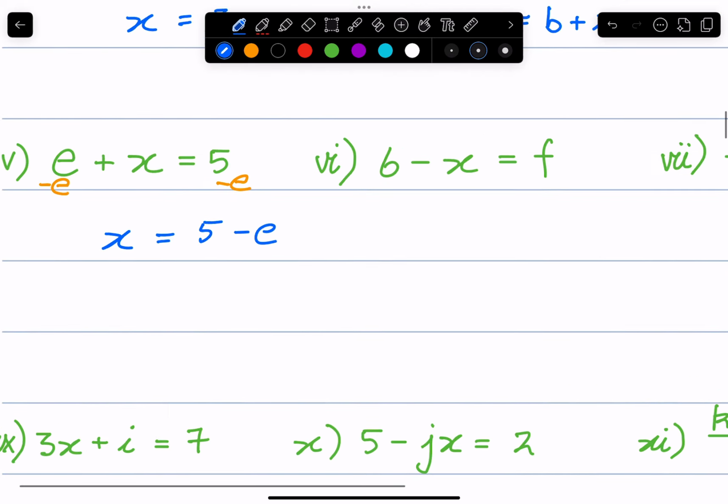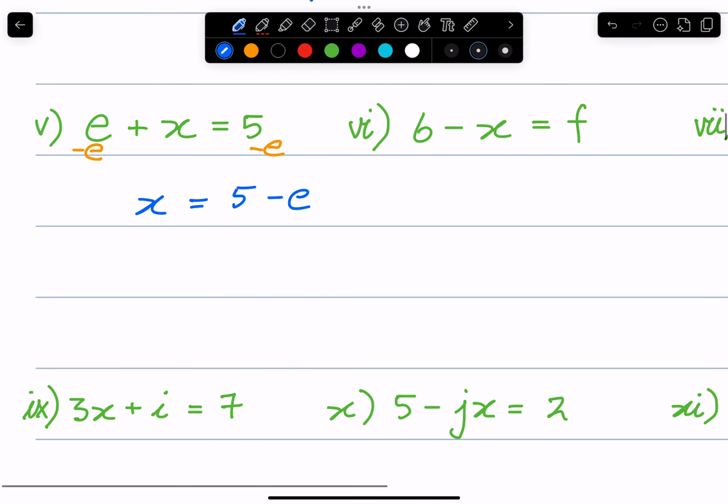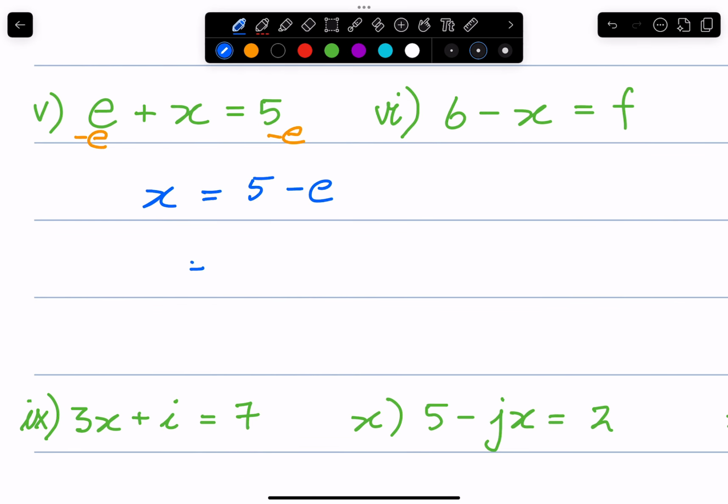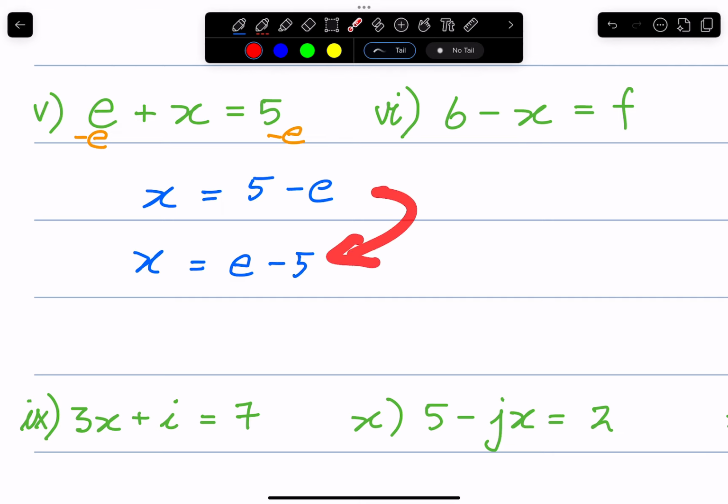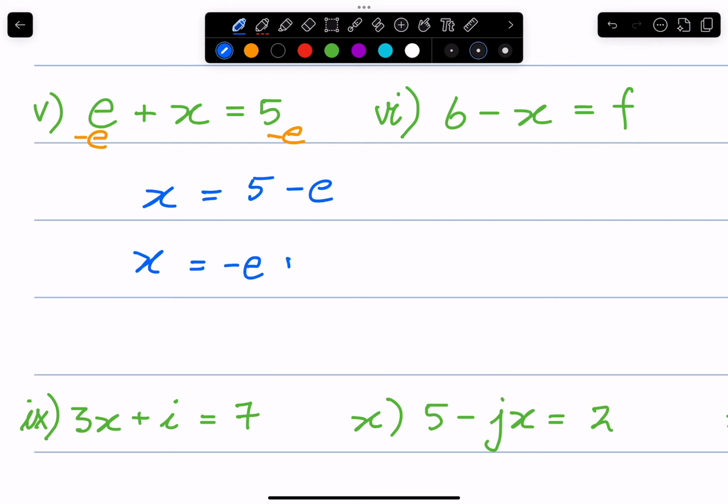But for this one, if you did want to make e first, you can't do this as e minus 5. So these two expressions are not the same. In this one, e is positive, but in this one, e is negative. If you did want to rearrange this, it had to be negative e plus 5. Now these two are the same.